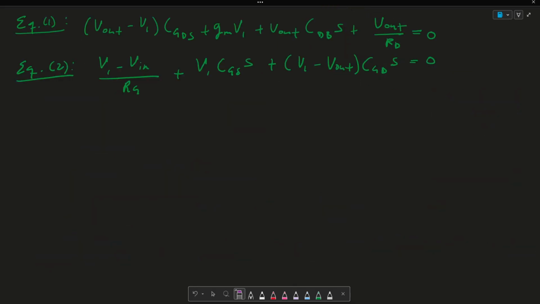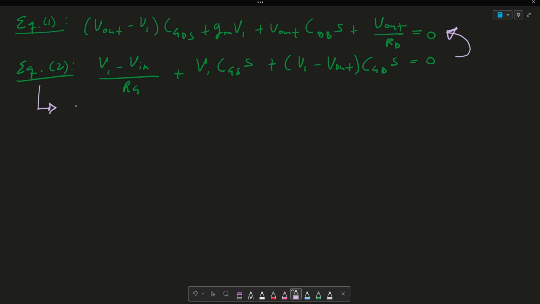Okay, so what I've done here is I've written both my equations on a new page. The idea here is to use equation 2 to solve for V1. Once I solve for V1, I'm going to plug V1 into equation 1 and then solve for Vout in terms of Vin. All right, so let's take equation 2.